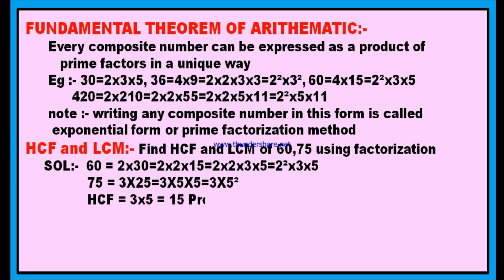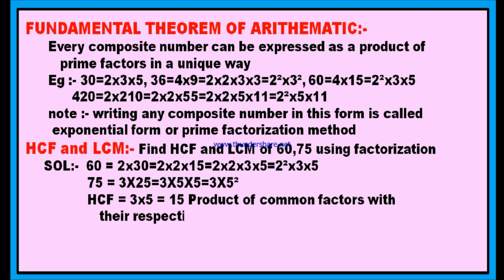Now we have to find the HCF. HCF is the product of common factors with their respective least exponents. We look at these two products. What are the common factors you pick up?